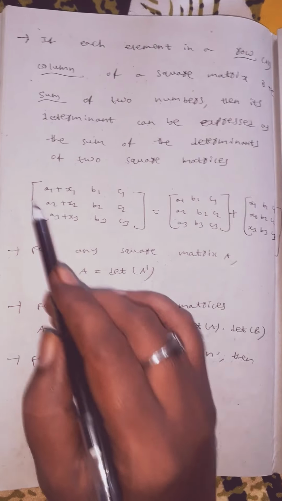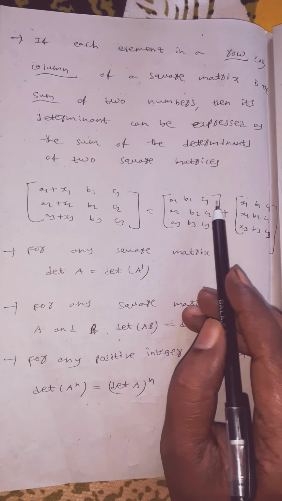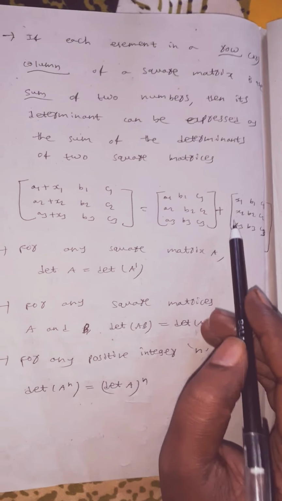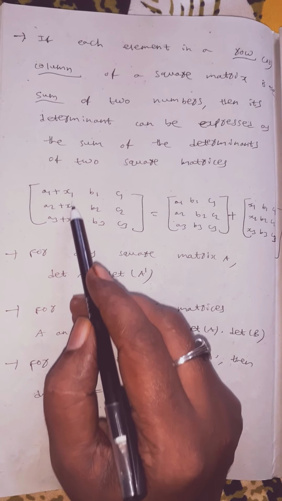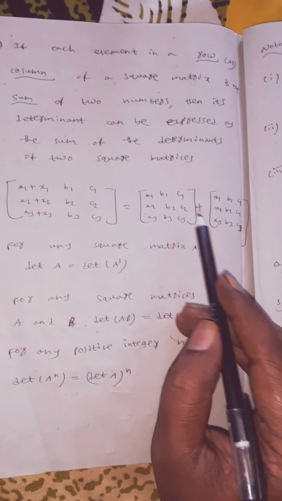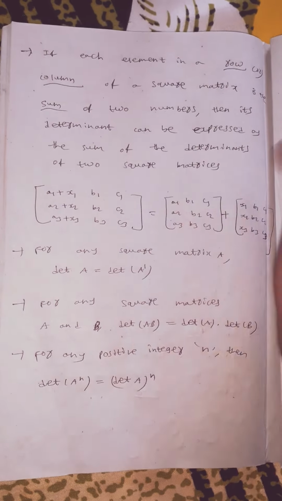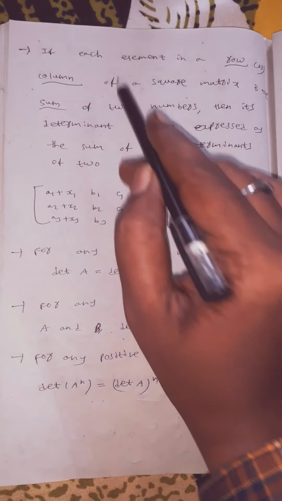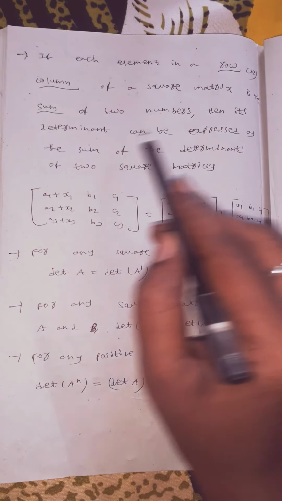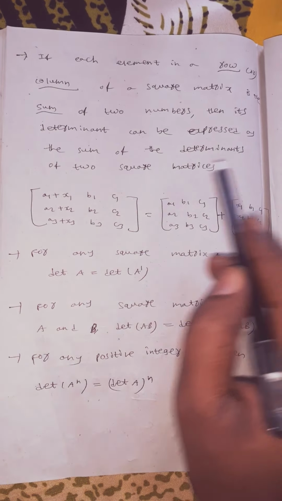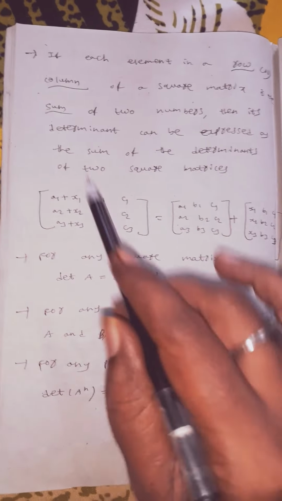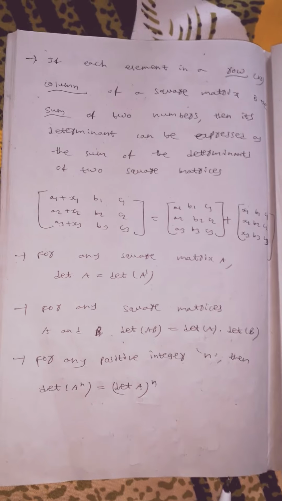So we can write it as a1 b1 c1, a2 b2 c2, a3 b3 c3, plus again x1 b1 c1, x2 b2 c2, x3 b3 c3. In this way we can split. That is the only concept I told. So here the sum is in a column; similarly if it is in a row, the same process applies.